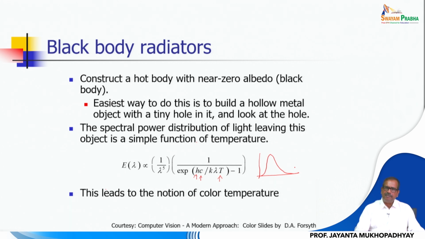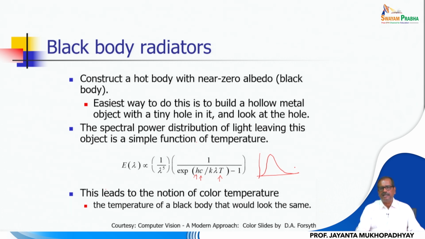So when a light source has a spectral profile similar to one such distribution, then we can equate that light source with a black body. You can say it is a black body source with a certain temperature. So many a time different kinds of light sources are described in terms of Kelvin, the temperature scale itself.